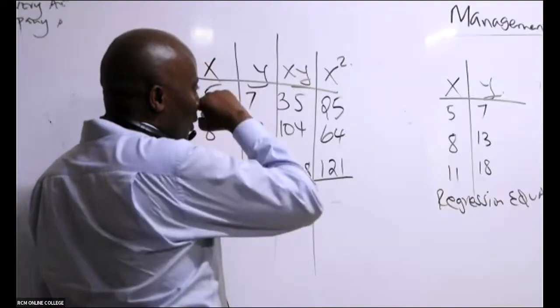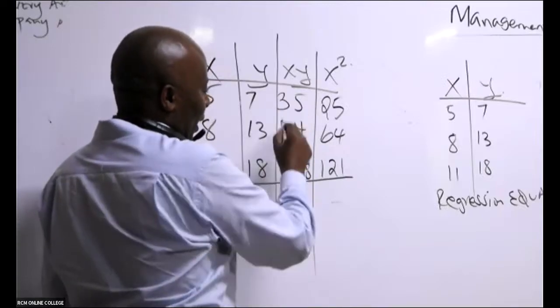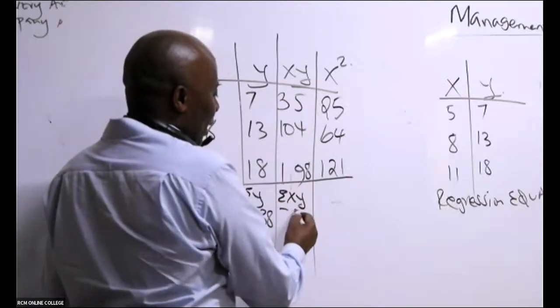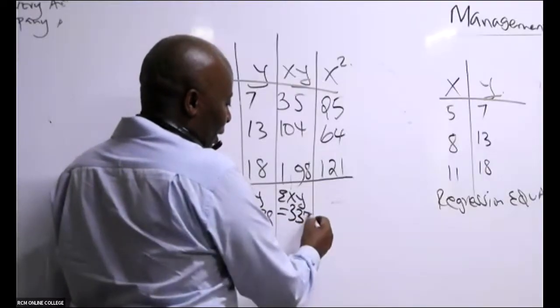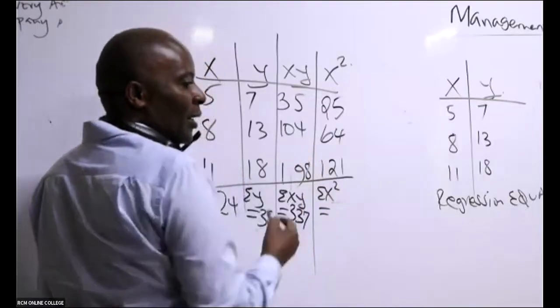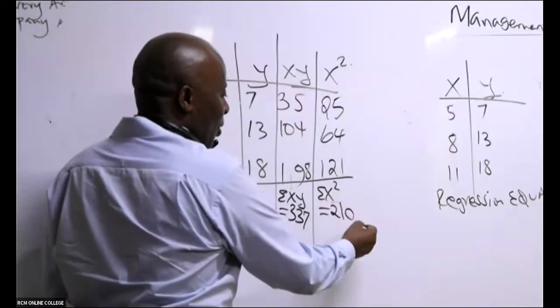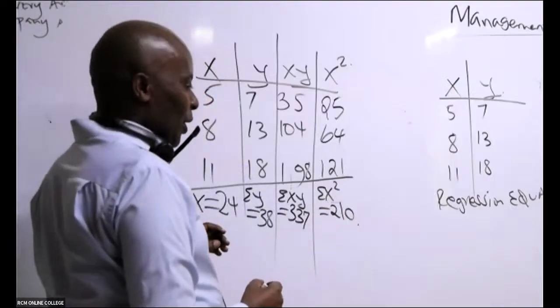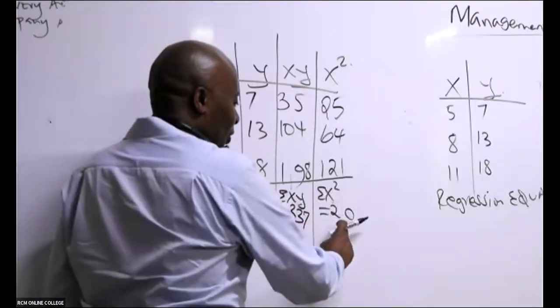How about summation of xy? It will be equal to 337. Please write those summations like that. Summation of x squared is 210. Please add using your calculator. 210.